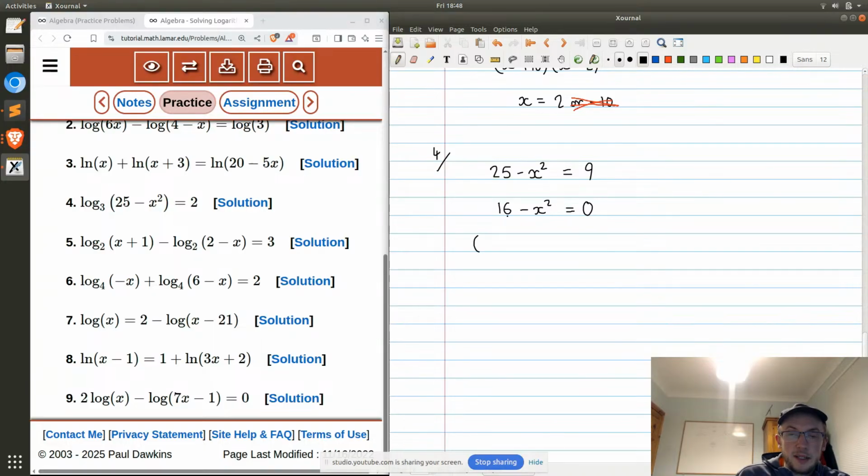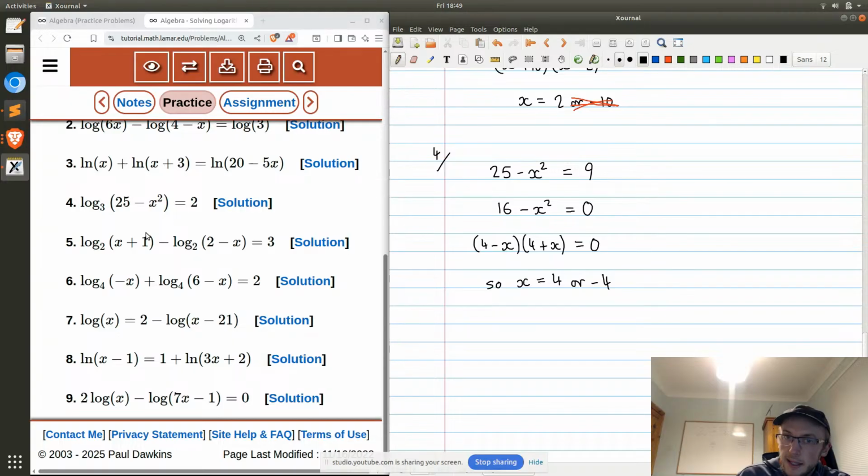And then I observe a difference of 2 squares. There's my first square, and there's my second square. And this is a difference of 2 squares. So I write 4 minus x times 4 plus x. And what solves that? Well, either x is equal to 4 or x is equal to negative 4.